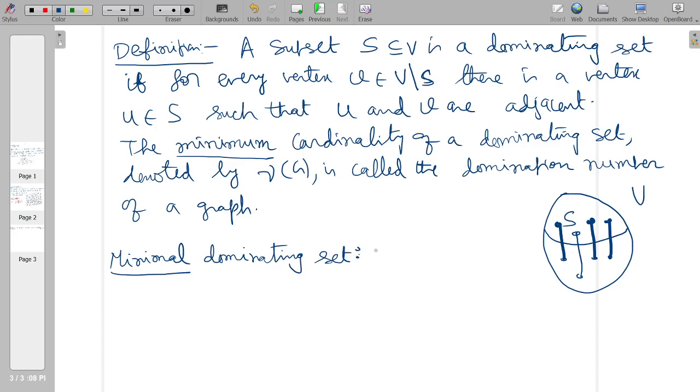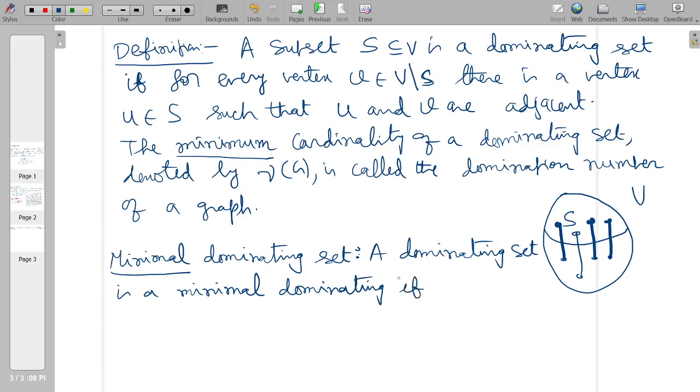A dominating set D is a minimal dominating set if no proper subset of D is a dominating set.